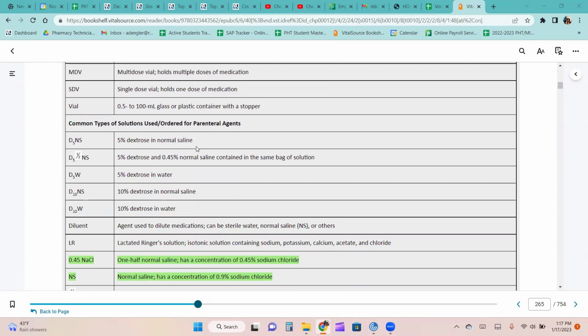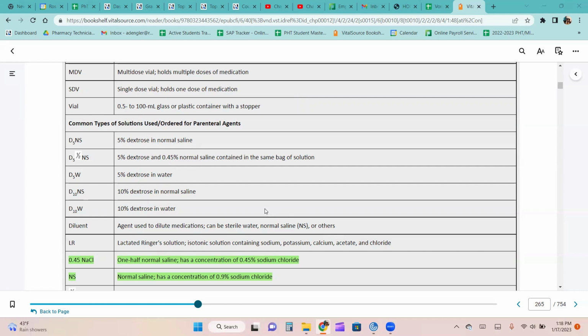D5NS, 5% dextrose and normal saline. D5 1/2 NS, 5% dextrose and 0.45% normal saline. So half normal saline is 0.45%, and the full strength is 0.9%.